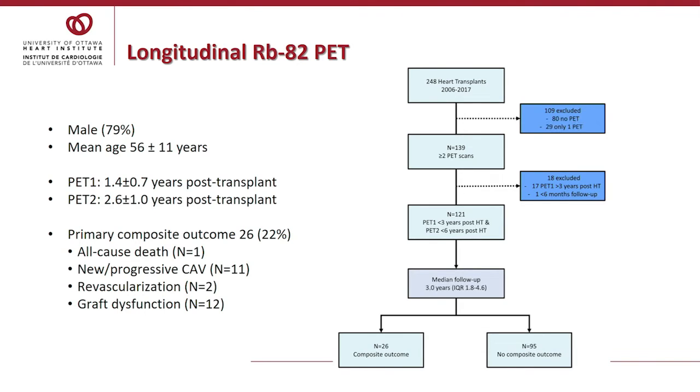You see that the average time for the first PET was just over a year post-transplant, and just over 2.5 years for the second PET. Over a median follow-up of 3 years, 22%, or 26 patients, developed one of the primary composite outcomes. You can see the breakdown there that the majority of the outcomes were related to new or progressive angiographic CAV.